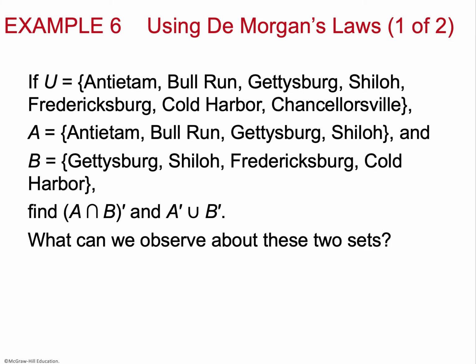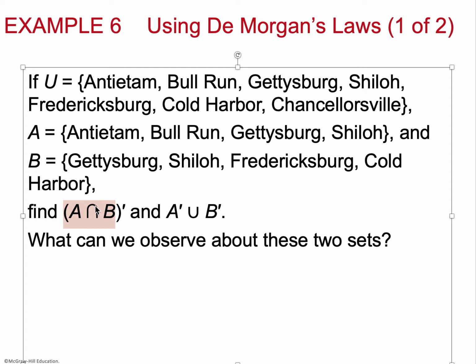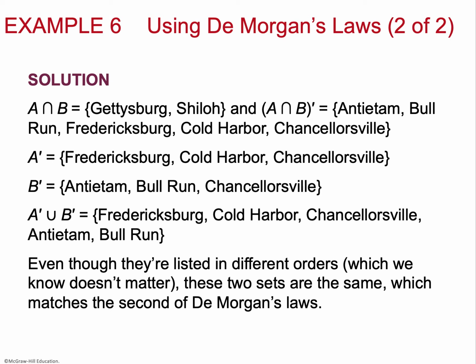And so similarly, if I want to approach it from the other symbol, then I would say, okay, I need to find the A and B complement, so what is not found in that group, and then compare that to not A and not B. So when I do that, I get A and B as Gettysburg and Shiloh.